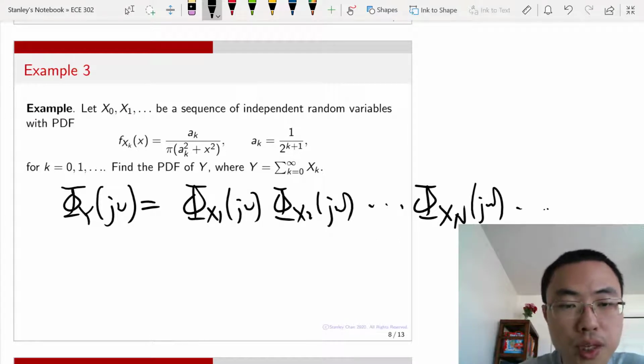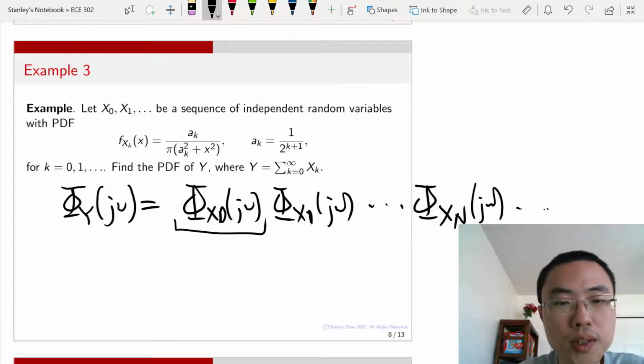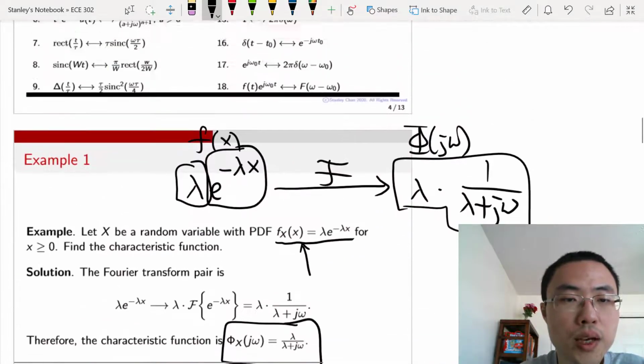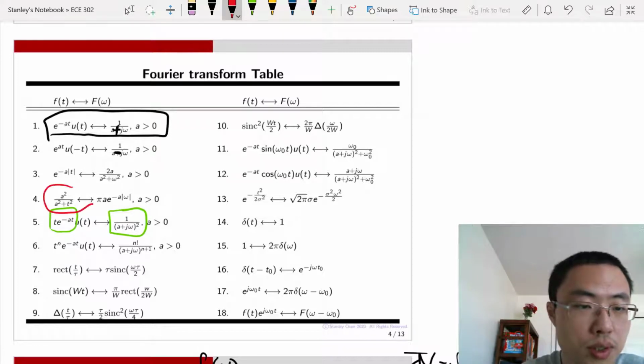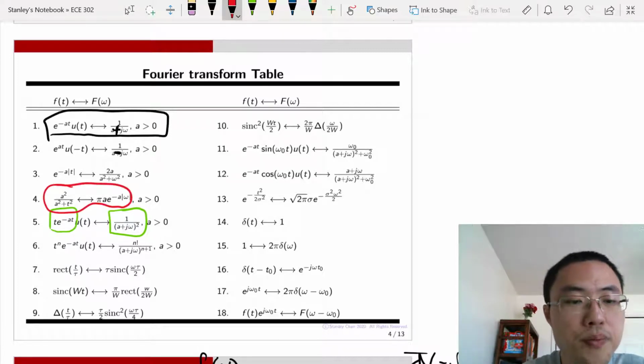And you don't just start with 1, you start with 0. So you have 0, 1, 2, and so on. And then for each of those, you know the form. This is ak divided by lambda of ak squared plus x squared. So we know how to do this because we can go back to this equation here. We can find out the corresponding Fourier transform, which in this case would be this expression.